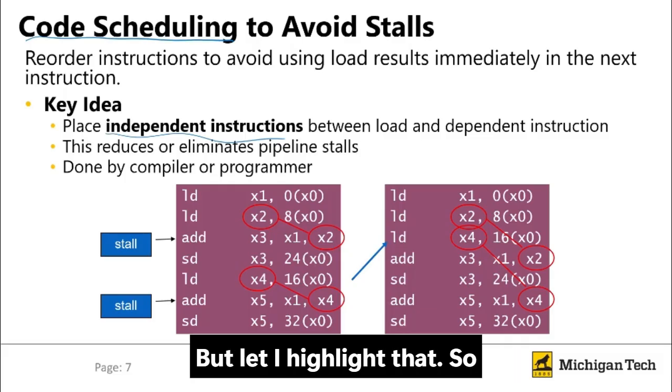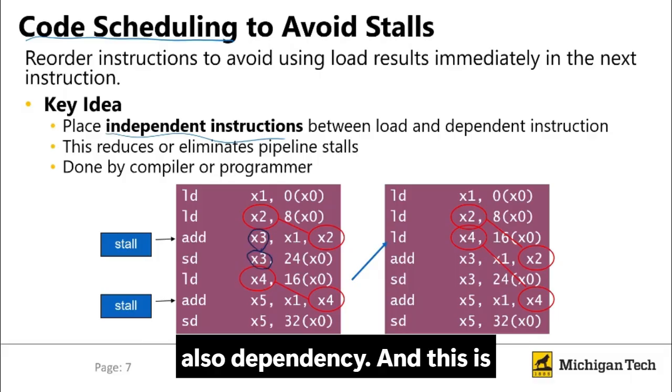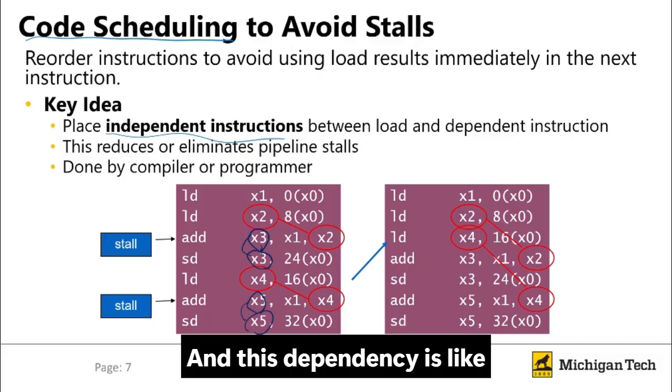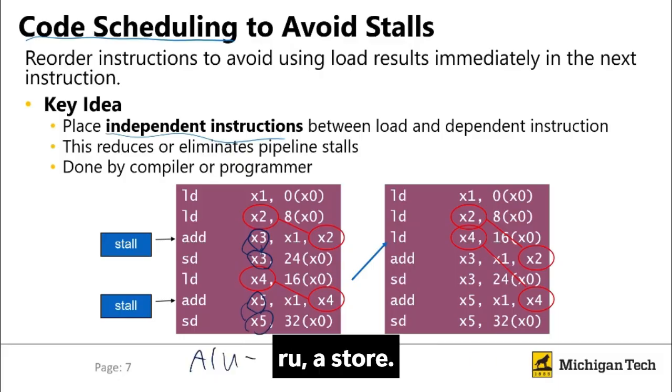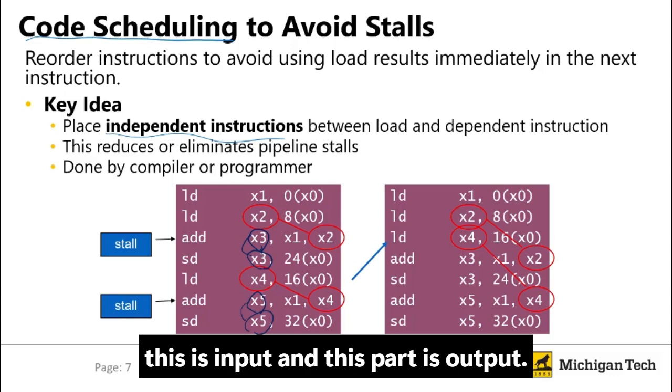But let me highlight that. So you have dependency here. This is also dependency. And this is also dependency. Look at that. And this dependency is like ALU to store. For a store, you need to consider that this is input and this part is output.